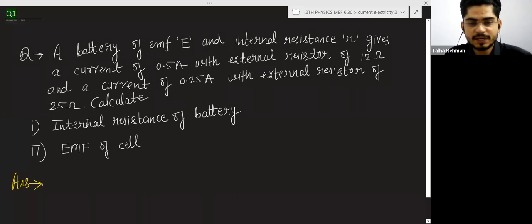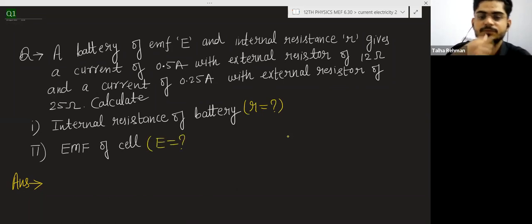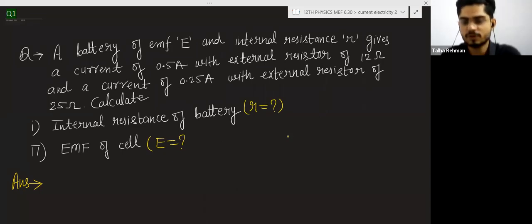We have to calculate the internal resistance of the battery and the EMF of the cell, meaning we have to calculate small r and capital E of the cell. First note this question and read it once, then I will solve it.